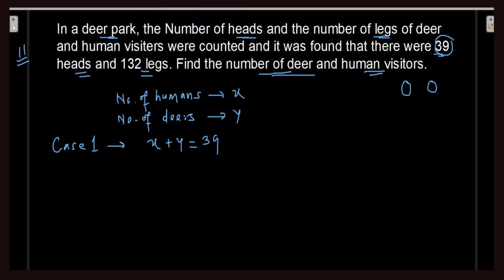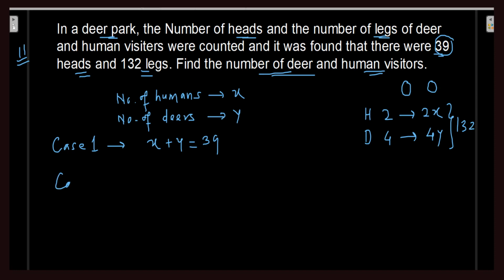Now it is said that there are 132 legs. A human has two legs, and a deer has 4 legs. There are x humans, so the total legs will be 2x, and the total number of deer is y, and therefore the total legs of deer will be 4y, and this together is given as 132.